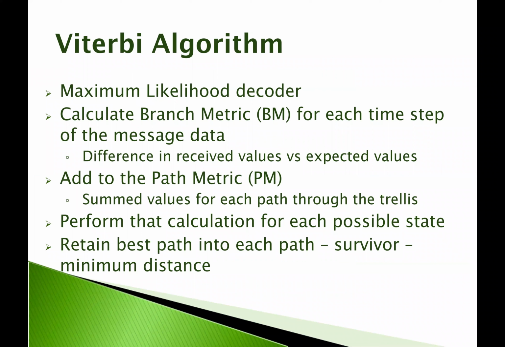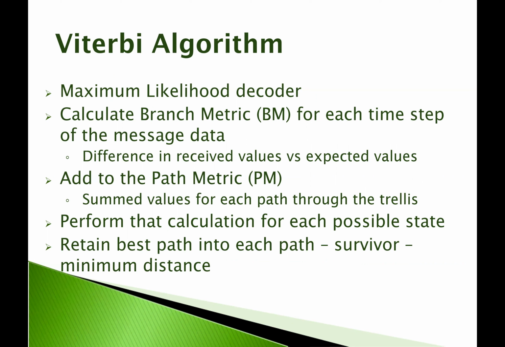So the Viterbi algorithm is a maximum likelihood detector. In its base implementation, we're assuming that we have equally probable bits or events coming in, so we can use a maximum likelihood detector. There are also some assumptions here, such as the error probability being less than 1/2, which is normally satisfied for practical systems.